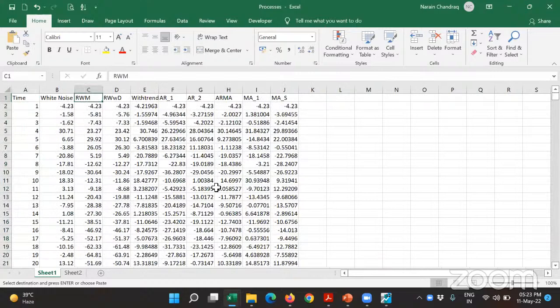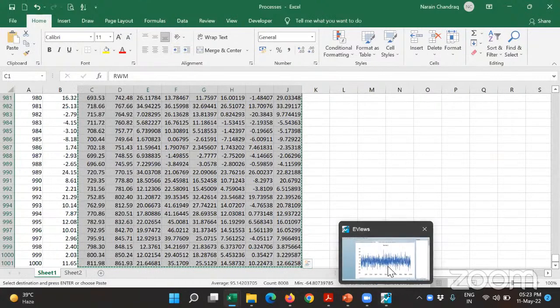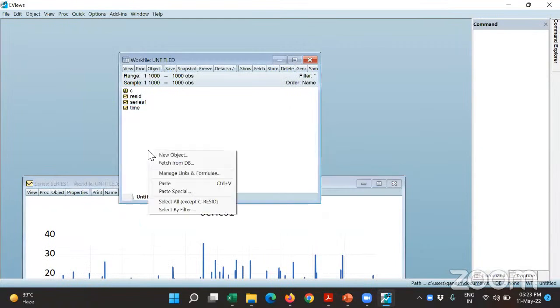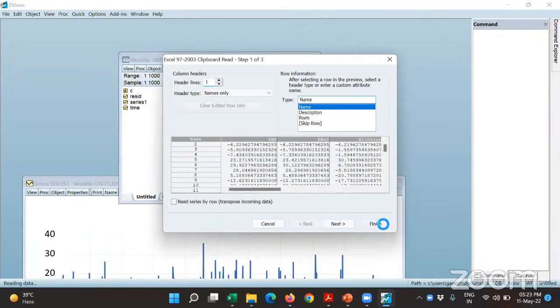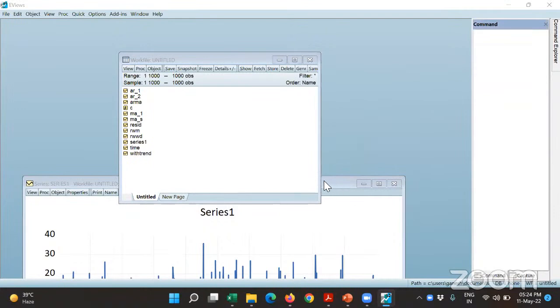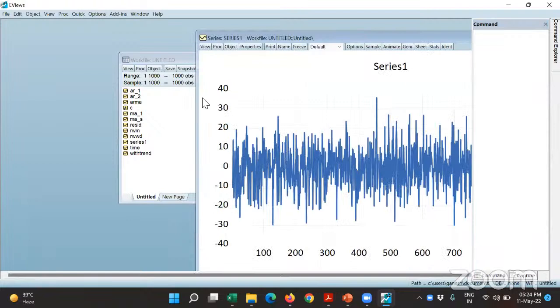Let me copy that as well and go to EViews, so as to compare this kind of data set with some other data sets. So I have this series one as my simulated data set, and I also have some more data sets.